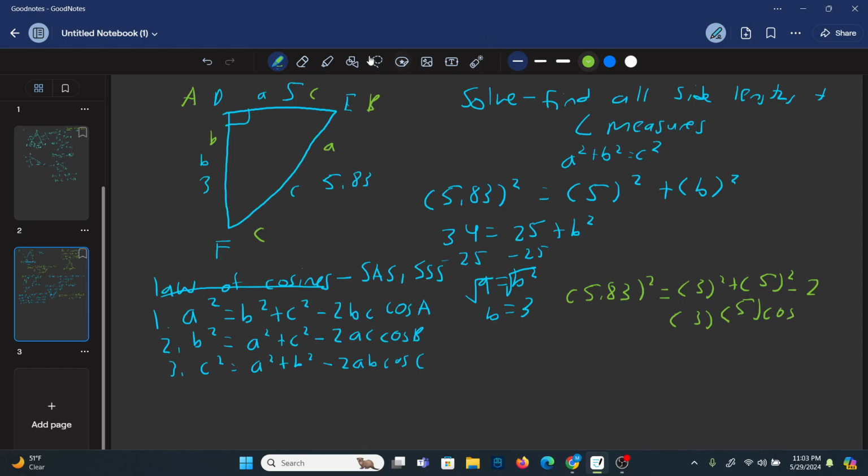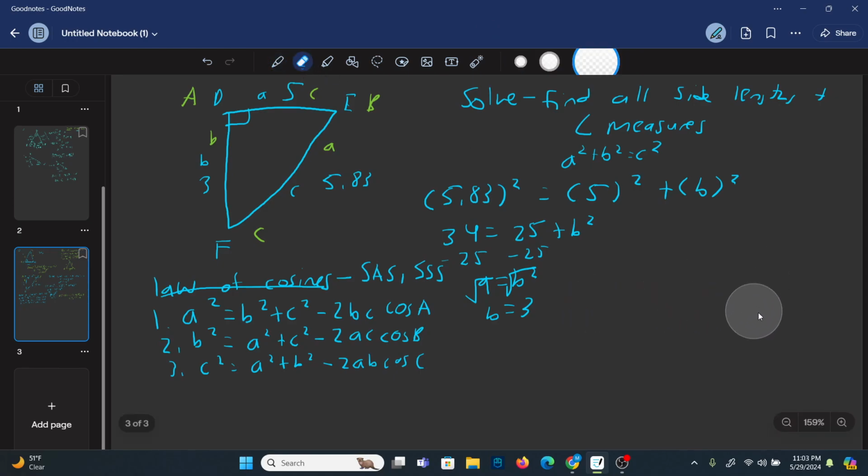Actually, we do not know. This wouldn't be the formula to use. I didn't see that angle A we already did. So we don't do that. Let's pick another one. We can do number 2.